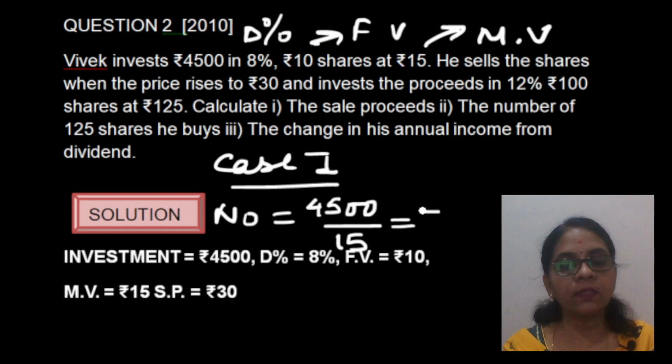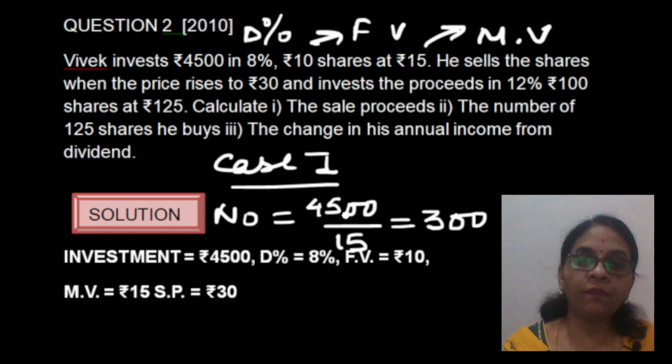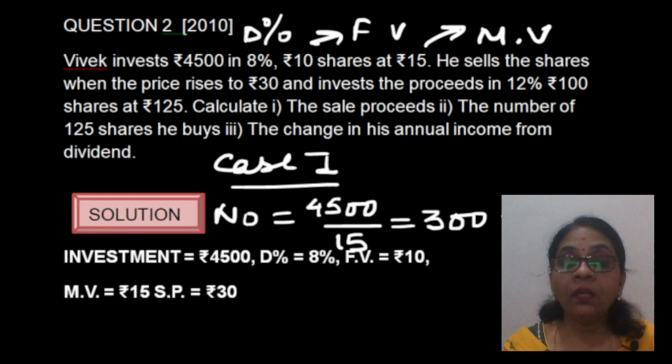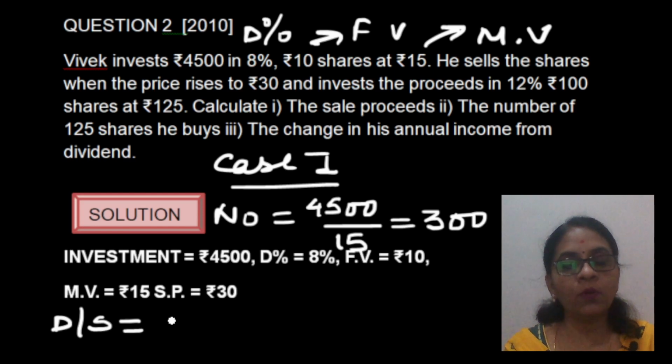That makes it 300. So the number of shares for the first company is 300. Then what should we find? We should find D per share. So D per share is equal to 8 by 100 or 8% of 10.